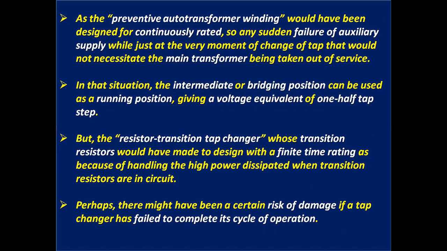But the resistor transition tap changer has transition resistors designed with a finite time rating, because of handling the high power dissipated when transition resistors are in circuit. There might be a certain risk of damage if a tap changer fails to complete its cycle of operation.